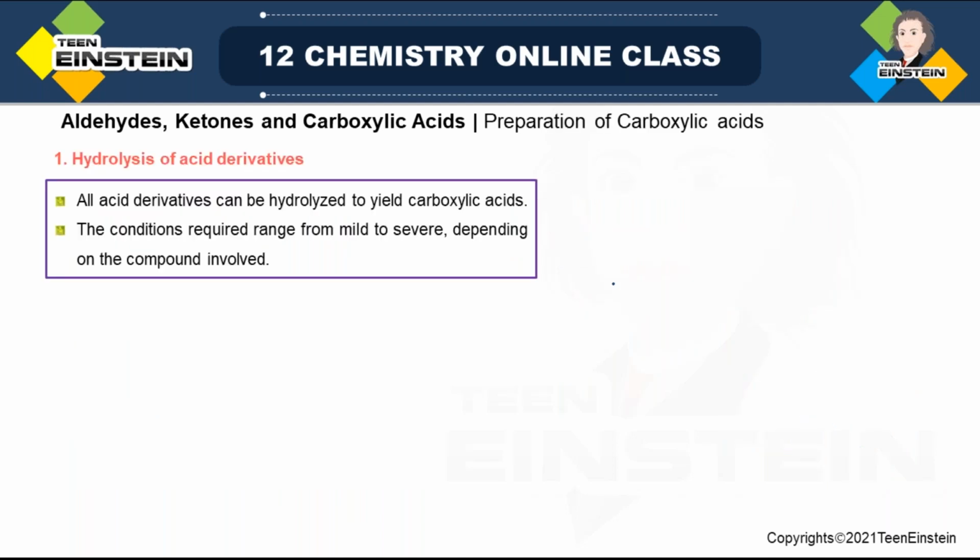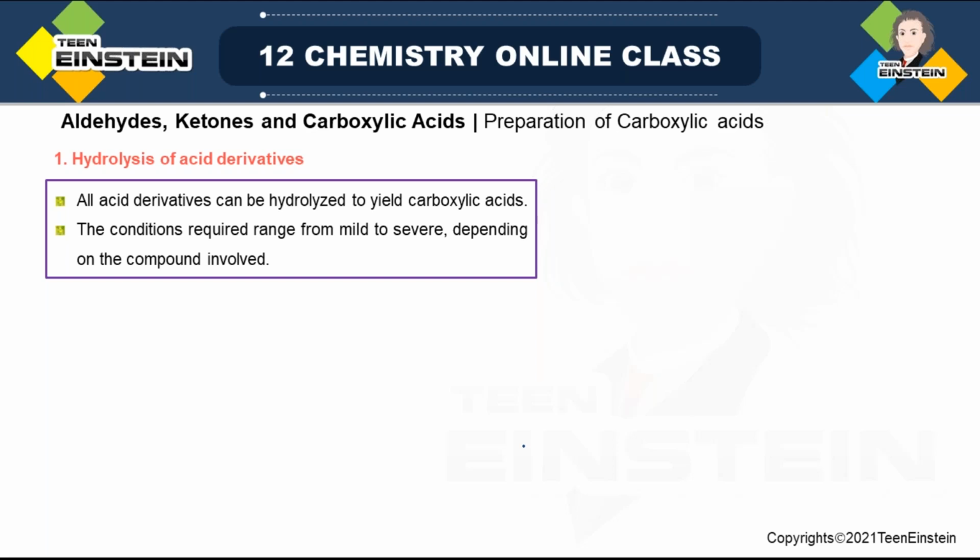So after finishing the nomenclature problem, now we will start the synthetic methods of carboxylic acid, that is, the methods by which we can create carboxylic acid. The first method is hydrolysis of acid derivatives. Hydrolysis means reaction with water, and I have mentioned what acid derivatives are in the first or second slide of this chapter, aldehydes, ketones and carboxylic acids.